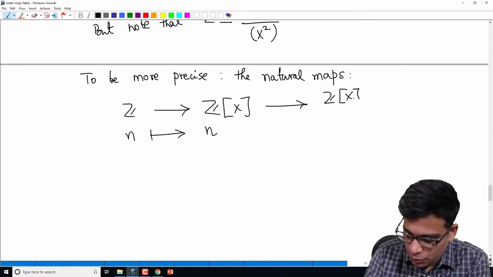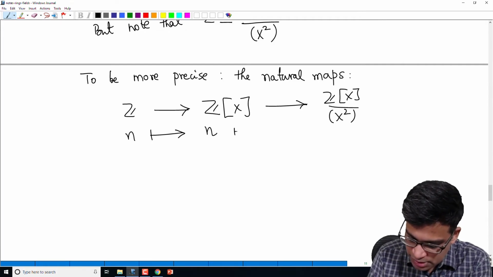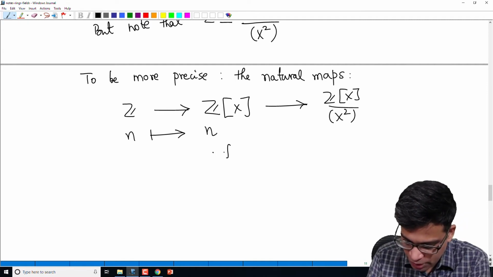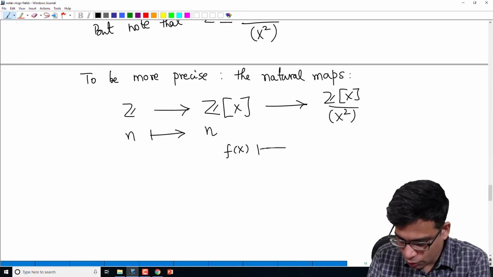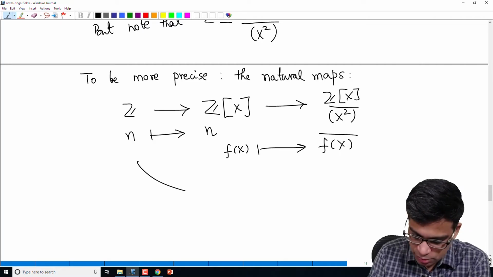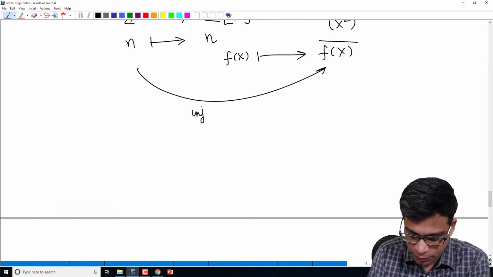We have also a natural map coming from the quotienting process, where f(x) goes to f(x) bar, the second map. So the composition that you have is an injective map.